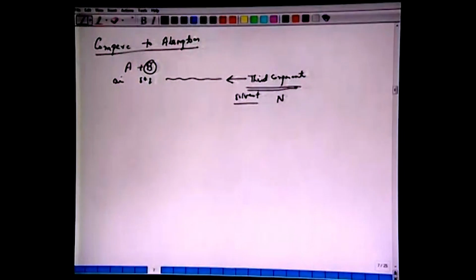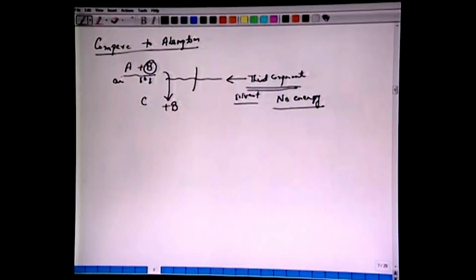No energy, we do not require any addition of energy, although the absorption could be non-isothermal or exothermic. Now when we have this A plus B in solvent C now, so 3 components, A plus B binary components brought in contact with C, B gets transferred here. So we have C plus B, and there is a possibility of this C getting vaporized.